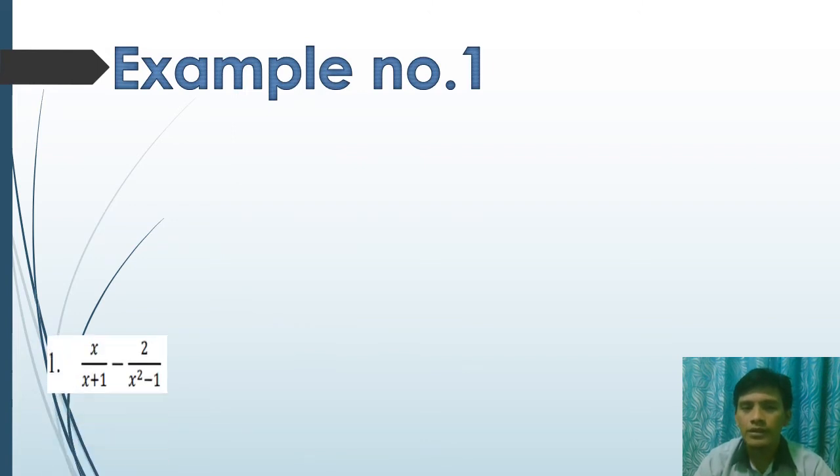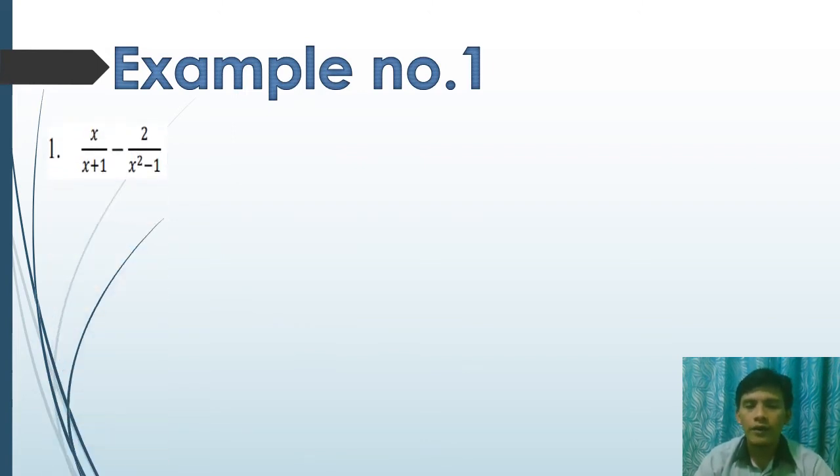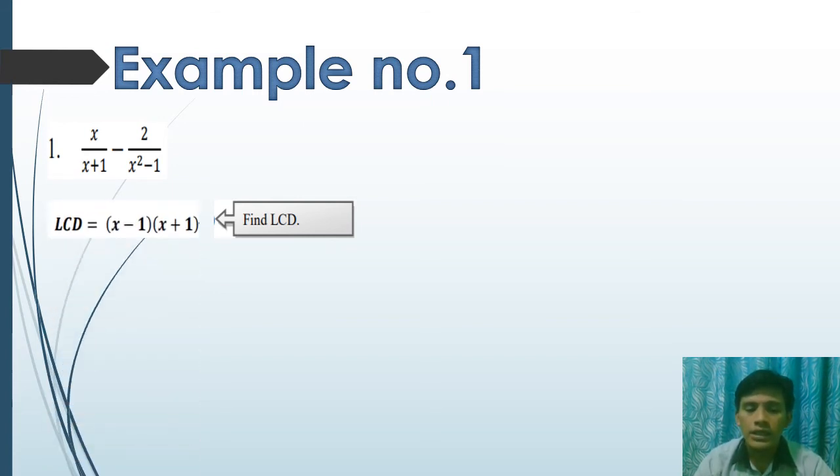Example number 1. x over x plus 1 minus 2 over x squared minus 1. We need to find the LCD. The LCD of both denominators is the quantity x minus 1 times the quantity x plus 1.